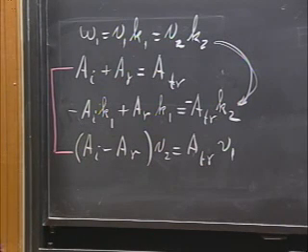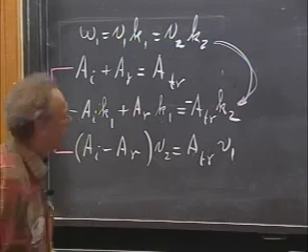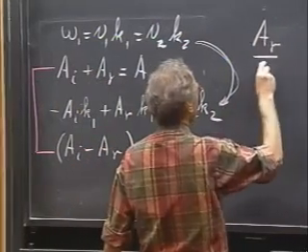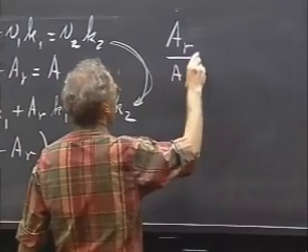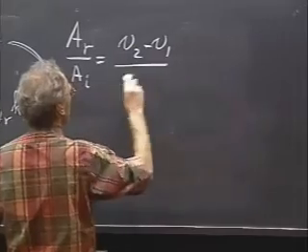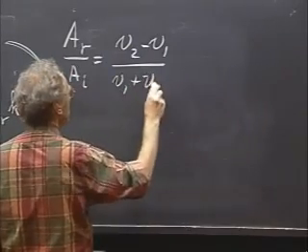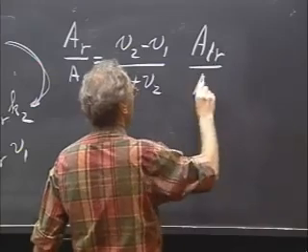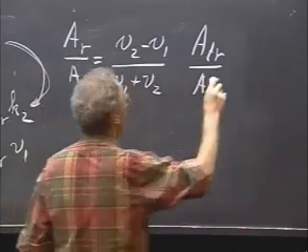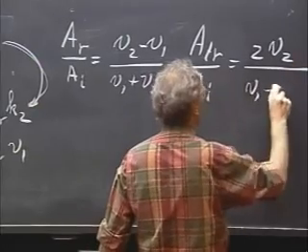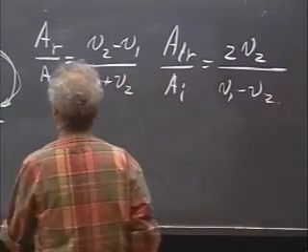And what comes out of that, this is also worked out in French, is that the reflected amplitude over the incident amplitude is (v2 minus v1) divided by (v1 plus v2), and A_T divided by the amplitude of the incident one is 2v2 divided by (v1 plus v2).